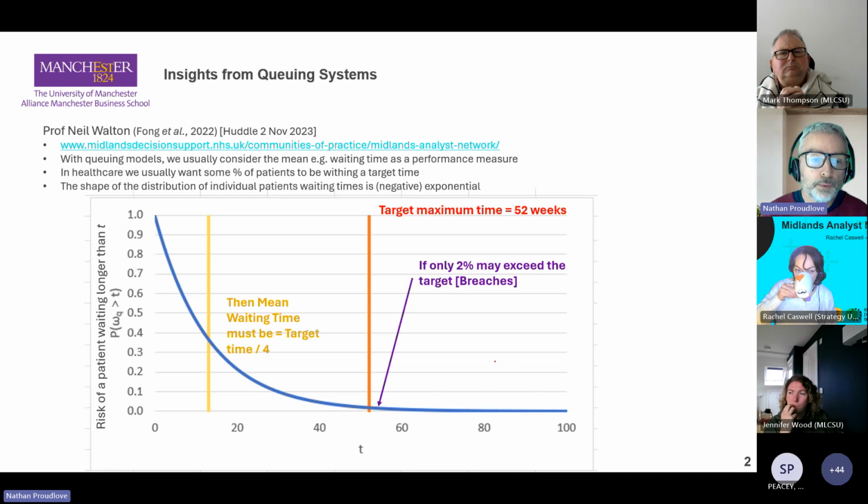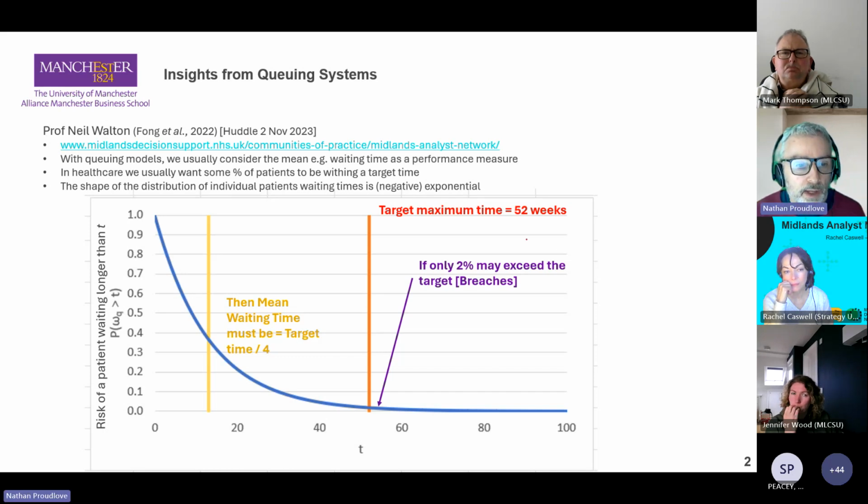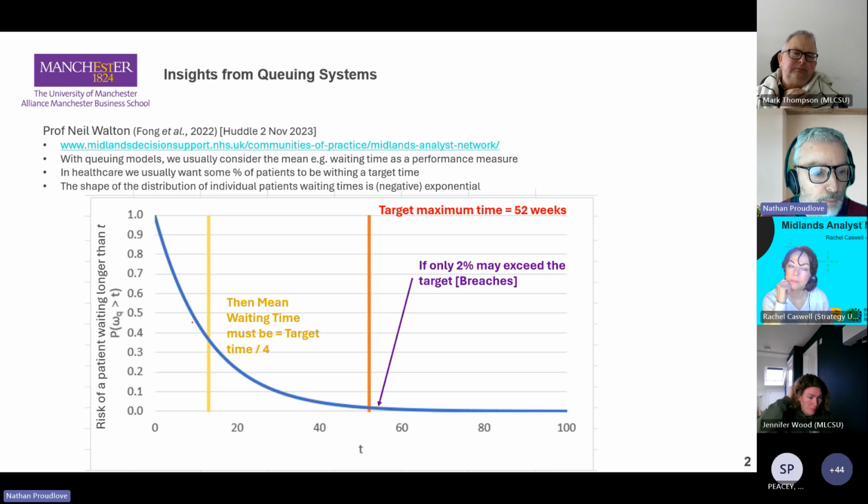the priorities in different bed pools across the hospital at Manchester in order to try to hit the maximum waiting times for outpatients. And he was looking at a quite simple queuing model. And the queuing model had this mathematical characteristic, the blue line, that it shows the probability that any individual patient will wait longer than a particular time t.